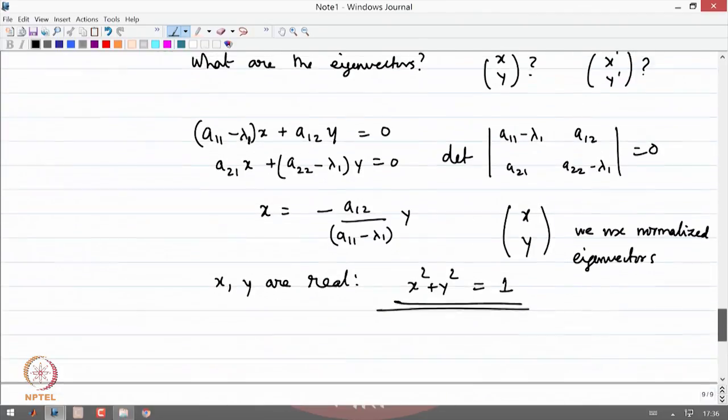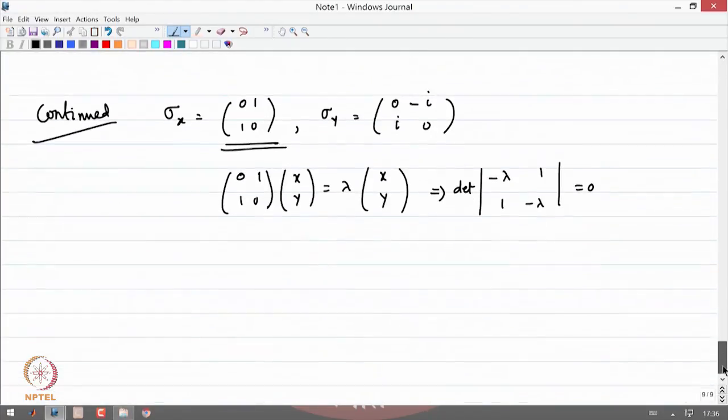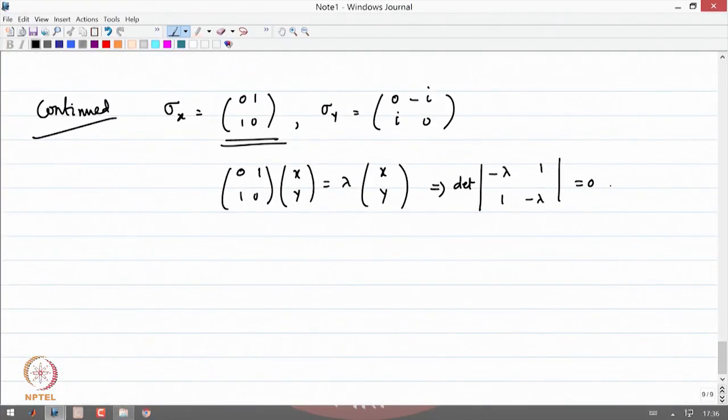You see a11 minus lambda, a12, a21, a22 minus lambda. a11 and a22 are zeros, therefore you have simply minus lambda, and these are 1s. So lambda squared minus 1 is 0, therefore lambda is equal to plus or minus 1, two solutions.